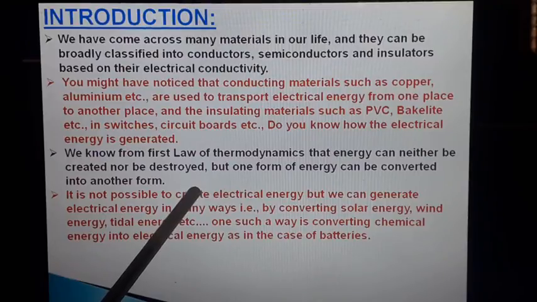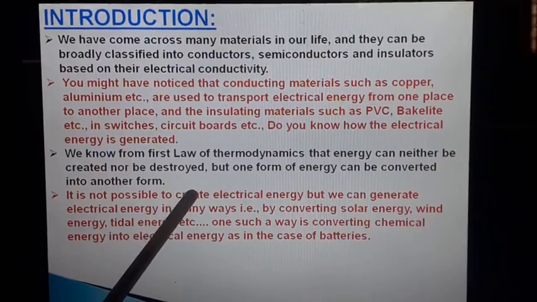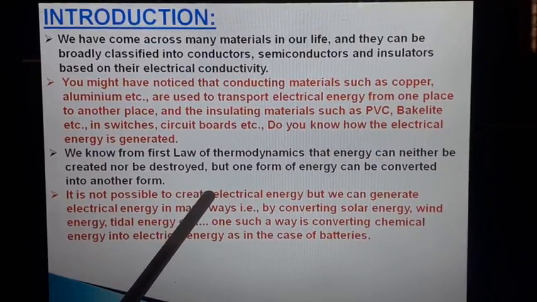So many energies are manufactured from natural sources for our users, home appliance users, and commercial users also.